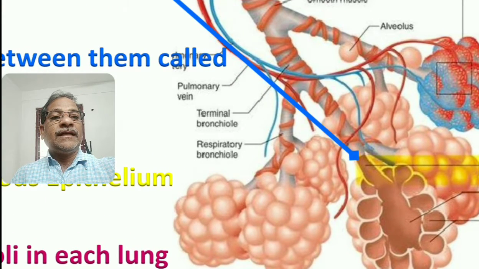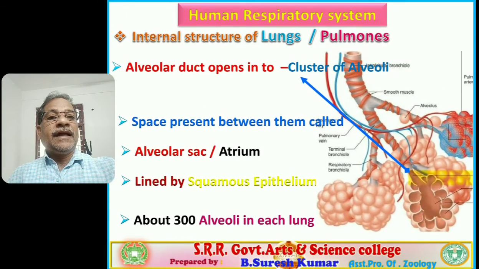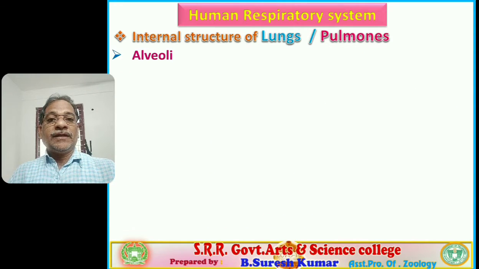This is the alveolar sac, the central space. It is completely lined by squamous epithelium. About 300 million alveoli are present in each lung. They form approximately 700 square meters surface area.